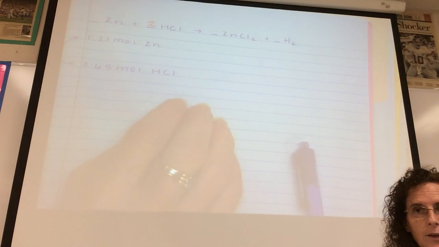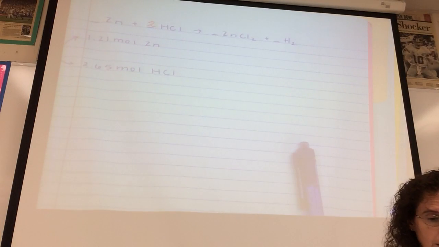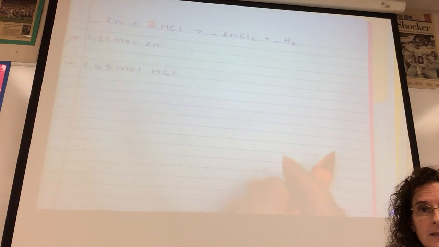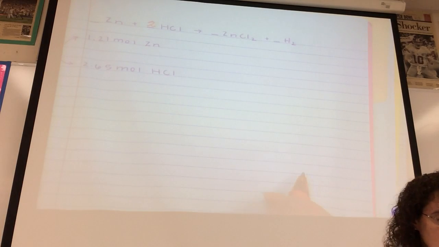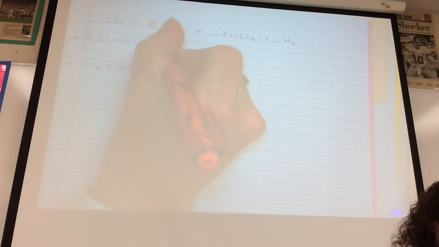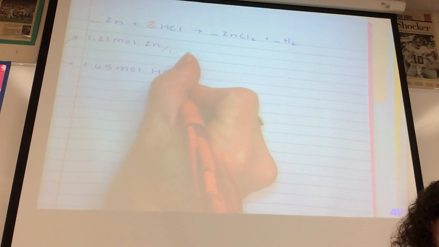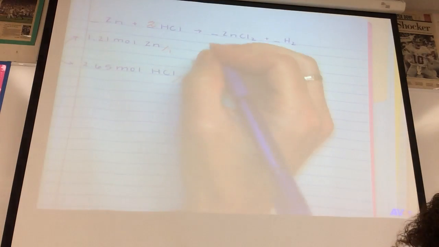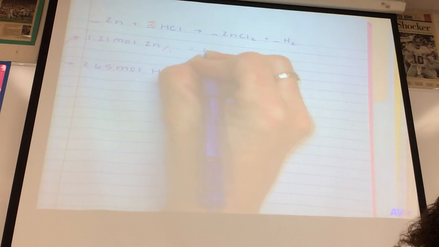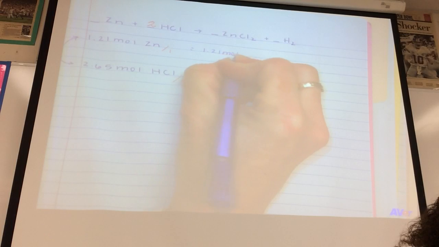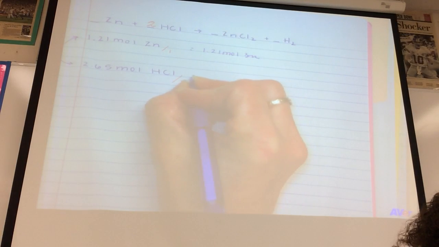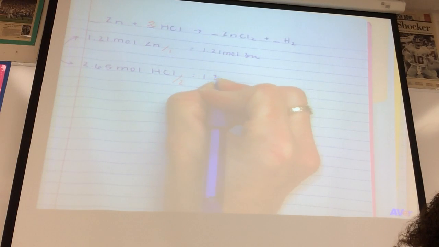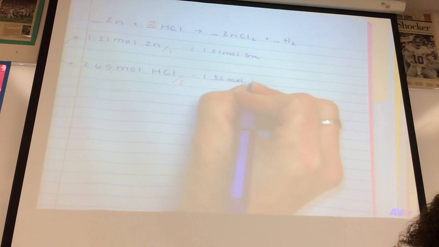Now some kids see it right away, some kids don't, and it's fine. Let's make it simpler, and there's a lot of ways to do this. I can divide each one by its coefficient, and that makes 1.21 moles of zinc and 1.32 moles of HCl.